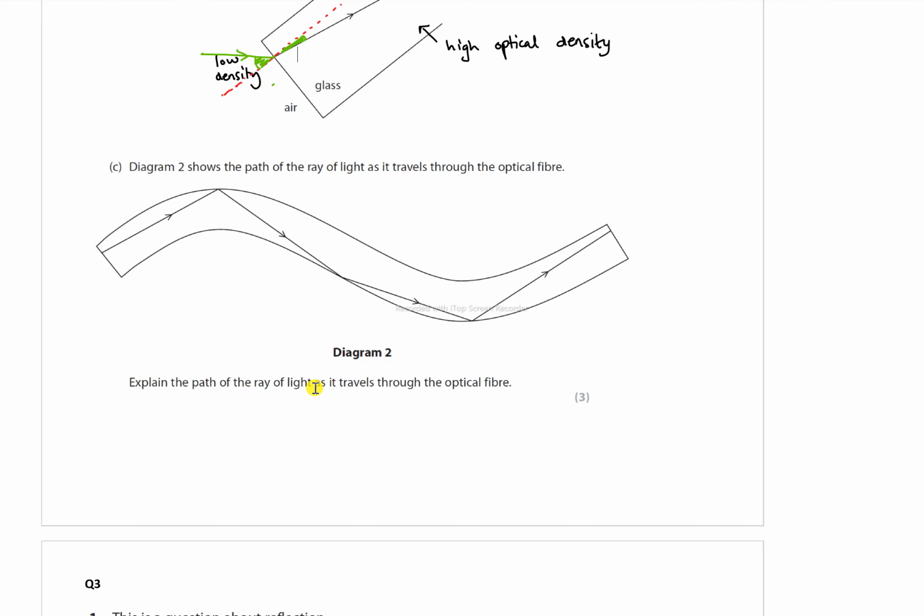Explain the path of the ray of light as it travels through the optical fiber. This is called refraction. Let's discuss that idea.